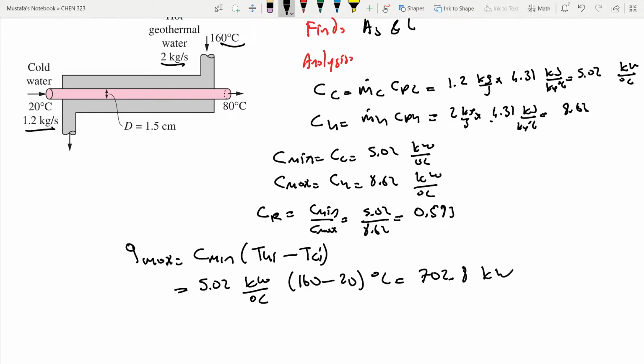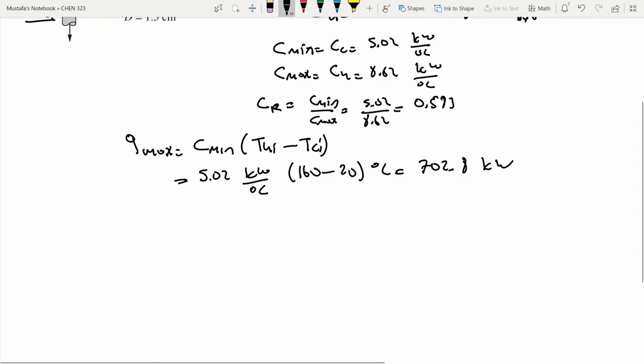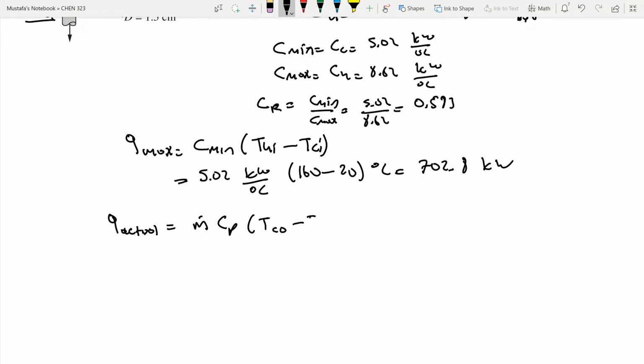If I multiply these two, I get 702.8 kilowatt. Now I need to calculate Q actual, or just Q, which is m Cp times T cold out minus T cold in.